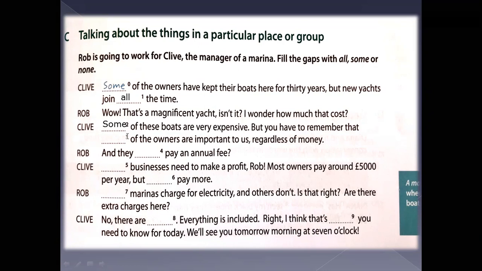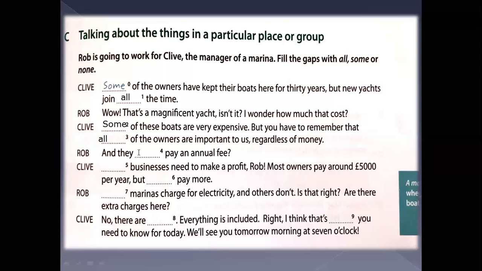Or some of the owners, or none of the owners are important to us. Here, number 3, what should we fill it with? All. All of the owners are important to us, regardless of money.